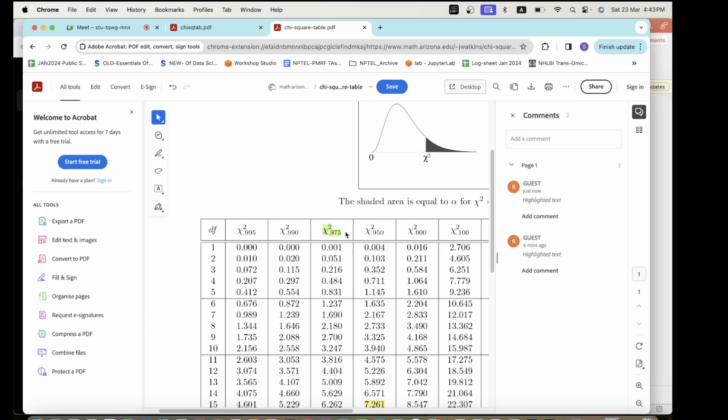What it is essentially saying is that if you have a chi-square 2 distribution, and on the x-axis there is the point, then the shaded area to the right side of that point will be 0.975.